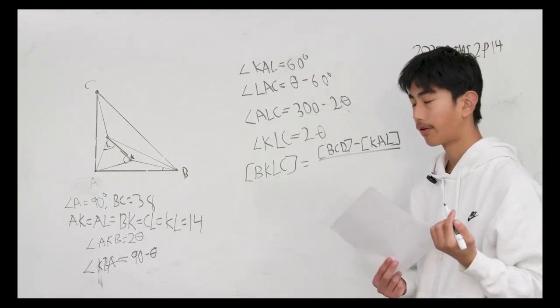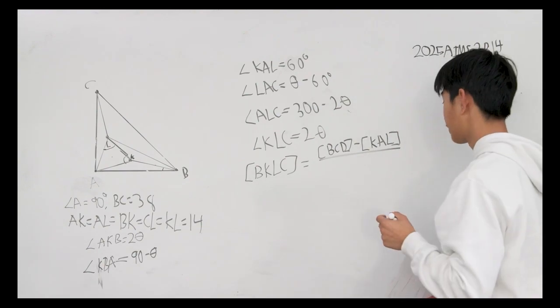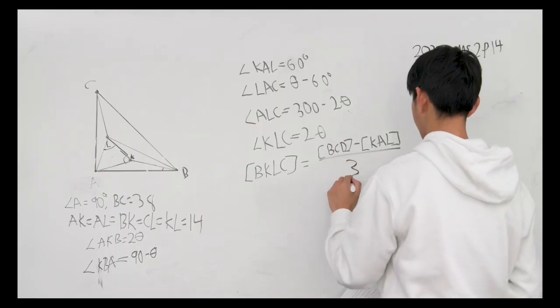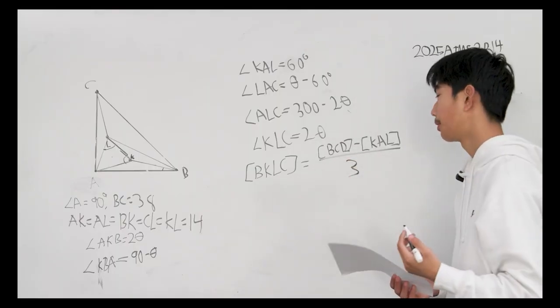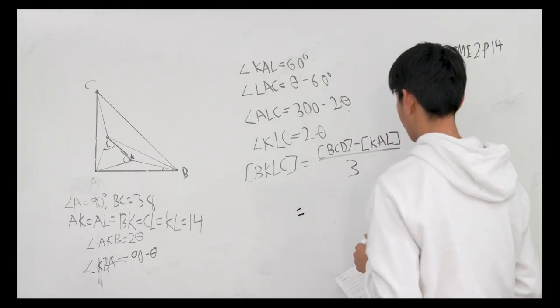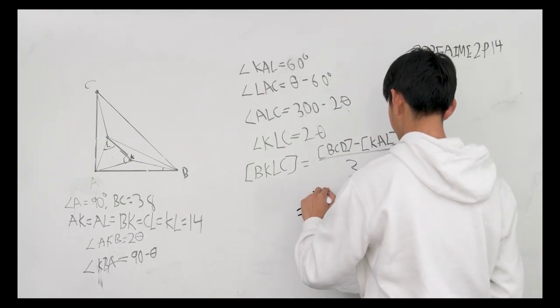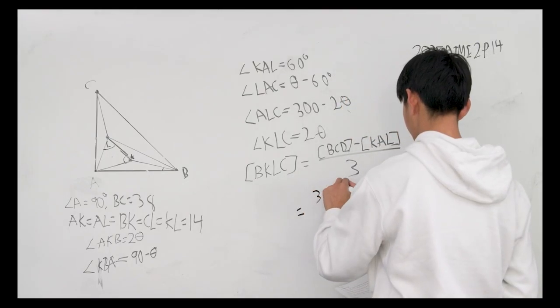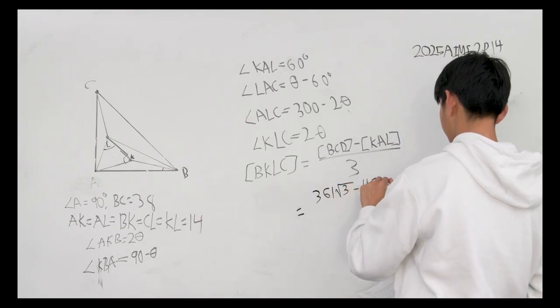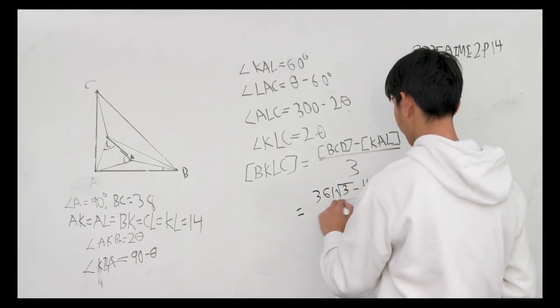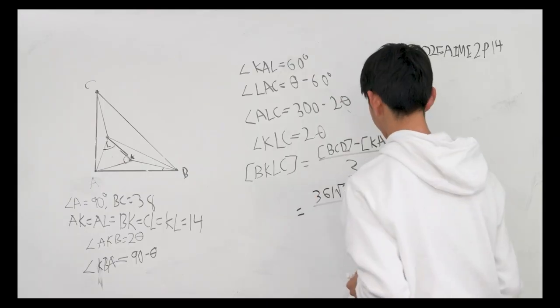Therefore, to find the area of one of the quadrilaterals, we have to divide by 3. If we divide by 3, we can start solving, and this gives us 361 root 3 minus 49 root 3 over 3 using what we are given.